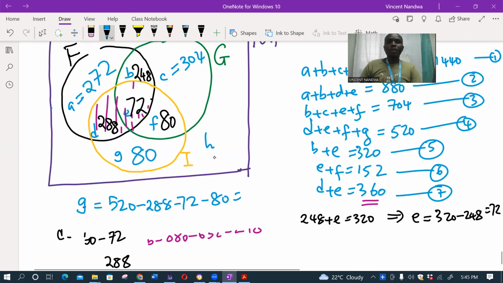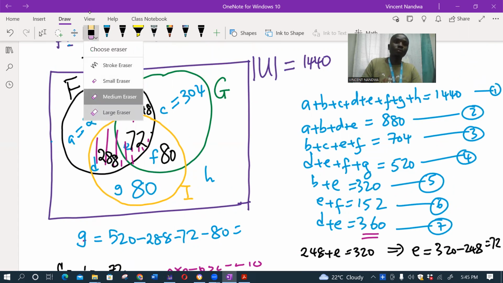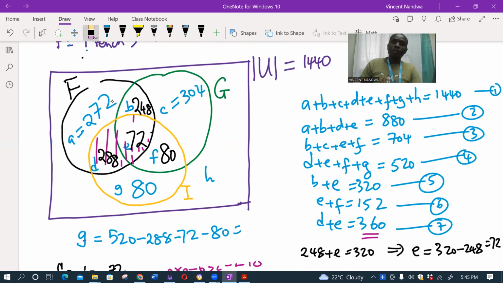And so what remains is only H, and H will be obtained from the first equation, where when we add all the values from A to H, we should get a total of 1440.